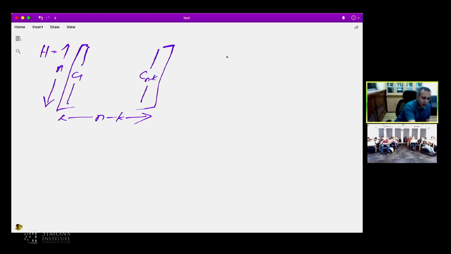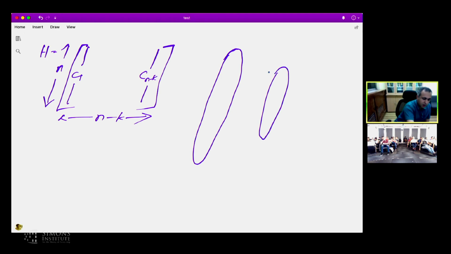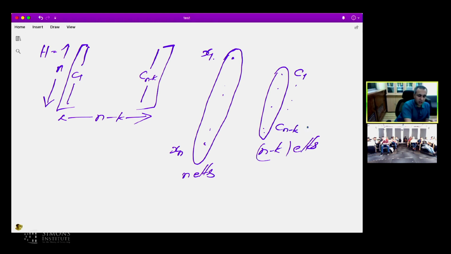The natural bipartite graph I'm going to come up with is one in which this side has n elements and this side has n minus k elements. These n elements will naturally correspond to the n coordinates of the code, and these correspond to the n minus k constraints in the parity check matrix.